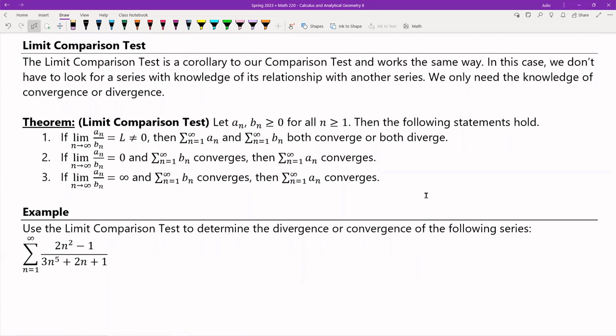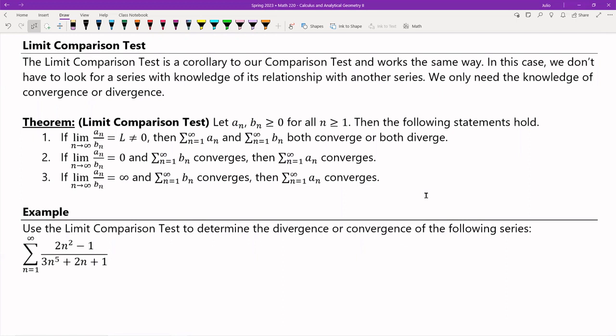In the plain comparison test, we needed to find another series whose convergence or divergence we knew, and we needed to prove a relationship: one of them had to be bigger or smaller than the other. For the limit comparison test, we don't need that. We only need to know information of convergence or divergence. Let me state the limit comparison test.